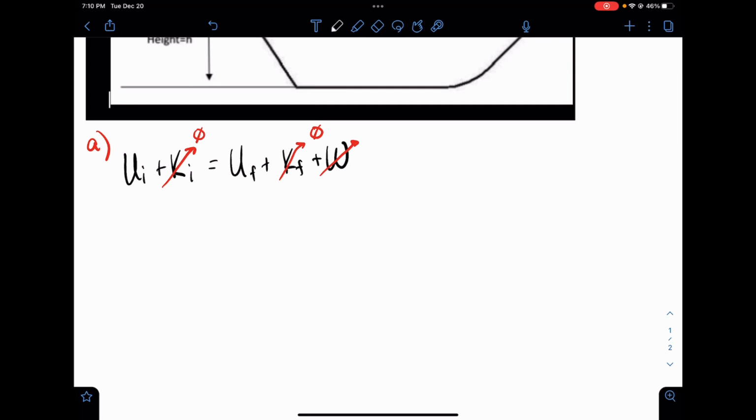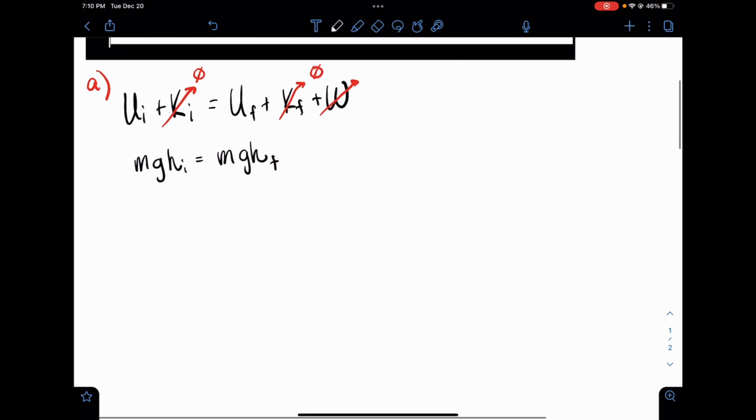So we just have mass times acceleration due to gravity times our initial height equals mass times acceleration due to gravity times height final. And we get the same answer that we did with one of our previous problems, where our final height equals our initial height. And this makes sense again, because the only energy inputted is potential energy, and there is no energy loss, so your end potential energy has to be the same exact height.